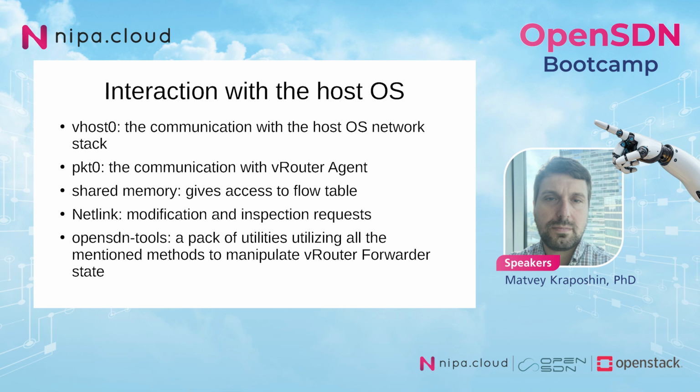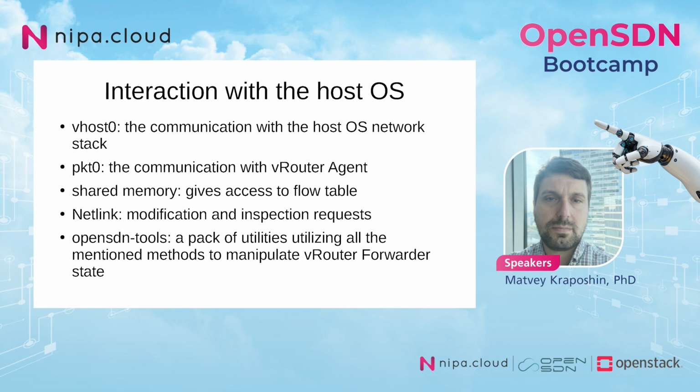Then there is a mechanism which is called netlink. Netlink is a standard mechanism of the Linux kernel, which is used for inter-process communication. And in OpenSDN, this protocol is used for establishing connections between the vRouter forwarder and the vRouter agent.